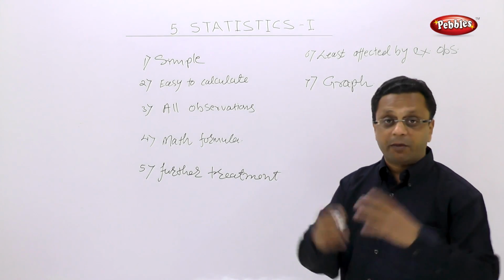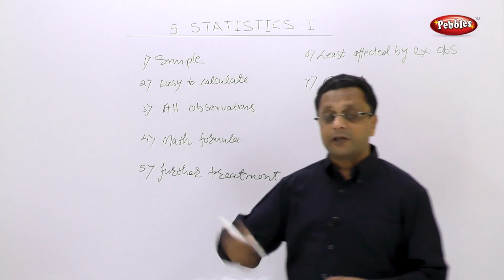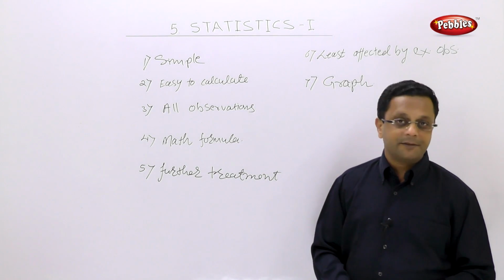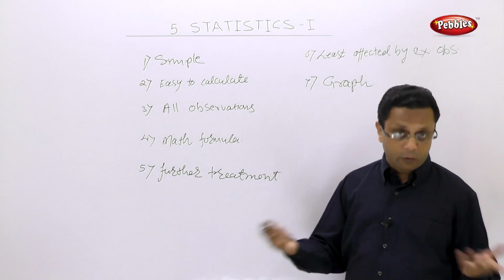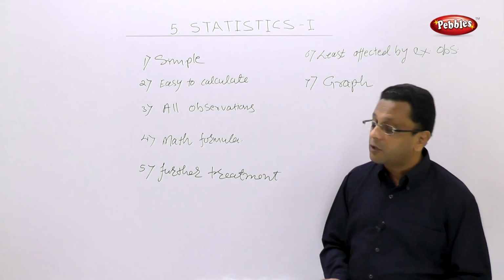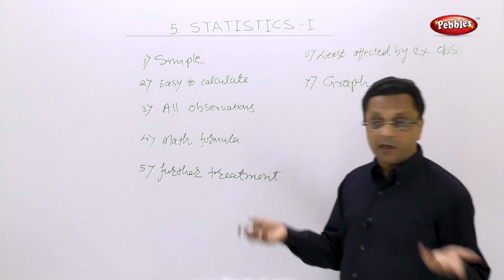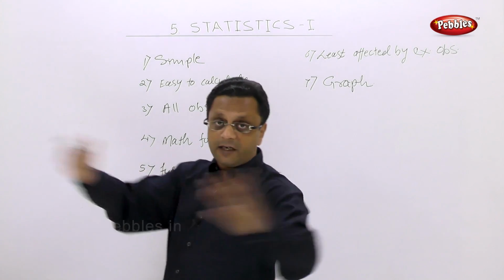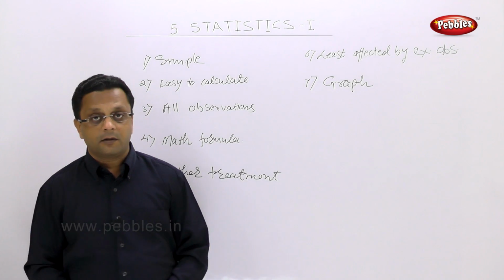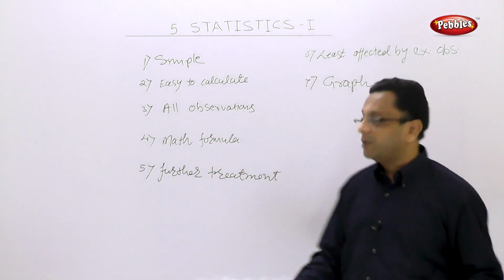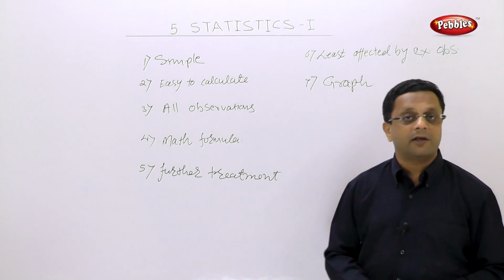Even if the calculations are big, we can go for the assumed mean method or step deviation method, right? Then of course we are taking all the observations, we are not skipping any observation. Then mathematical formula, yes, if 10 different students find out the answer by all 3 methods of the mean, the answer will be the same because it is based on a mathematical formula.